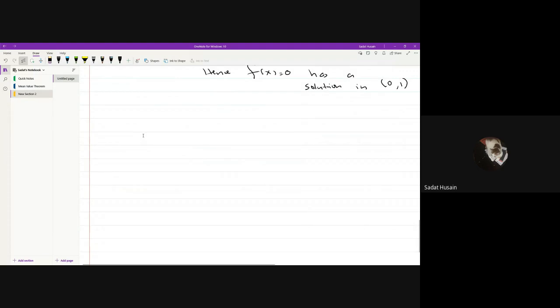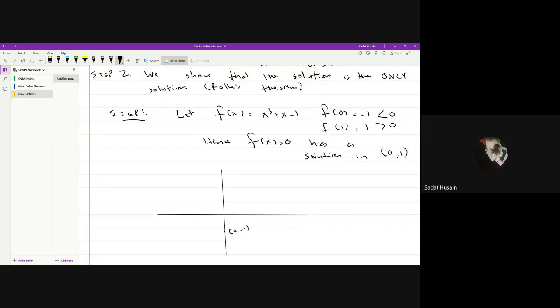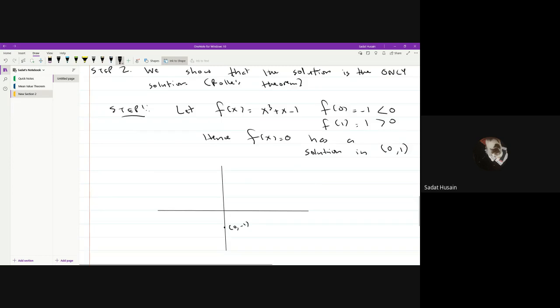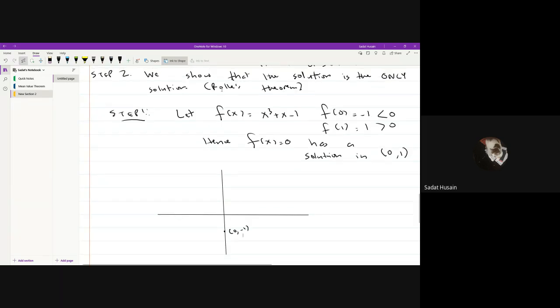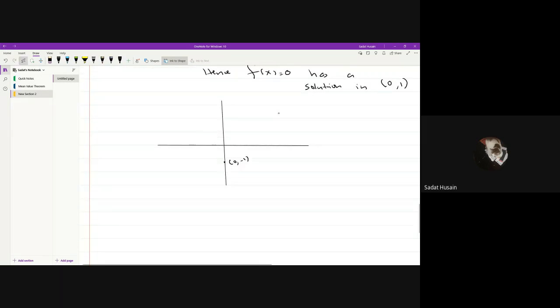Actually, the idea is simply this: if a graph has f of 0 equal to -1, so let's say this is 0, -1, and f of 1 is 1, so you have 1, 1.